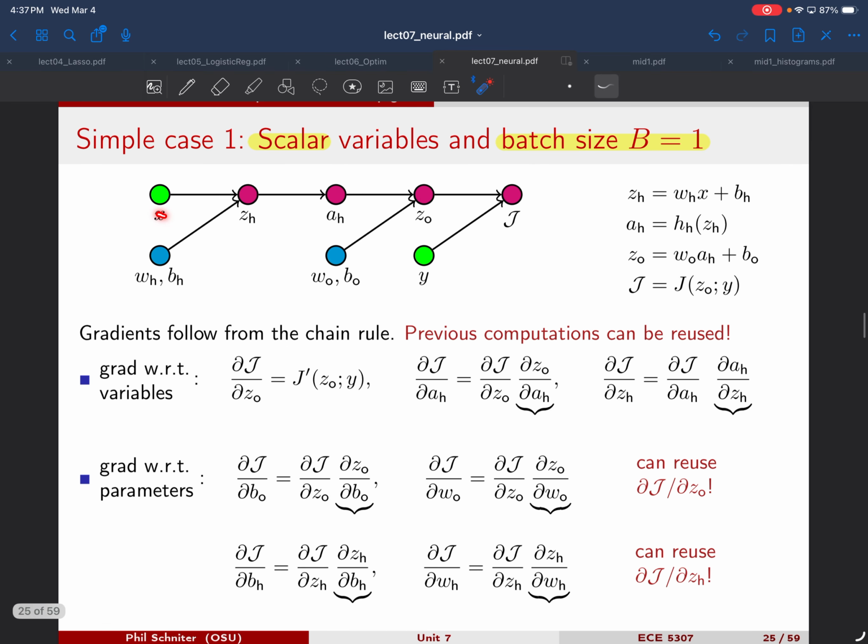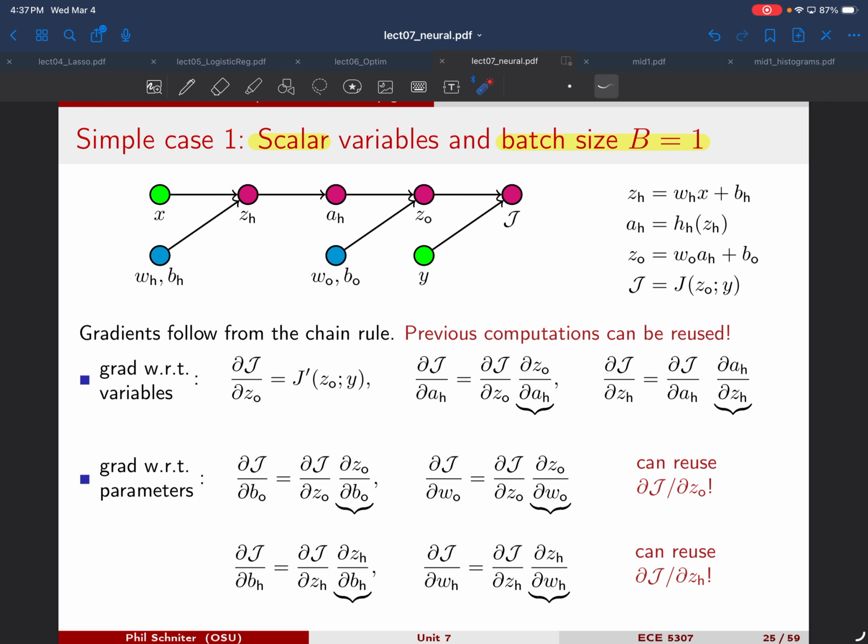So now we just have a scalar variable at each node. Well, technically speaking, here there are two different variables. But this is a simple case that we can go through step by step to see how we do the backward pass, and then we will make it more complicated with a larger batch size and vectors. Okay, with the backward pass, you start on the right and move your way left, in backwards order.